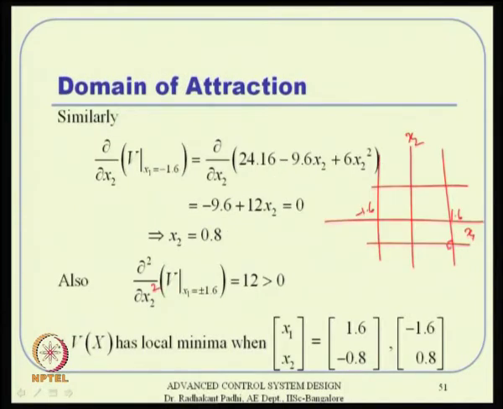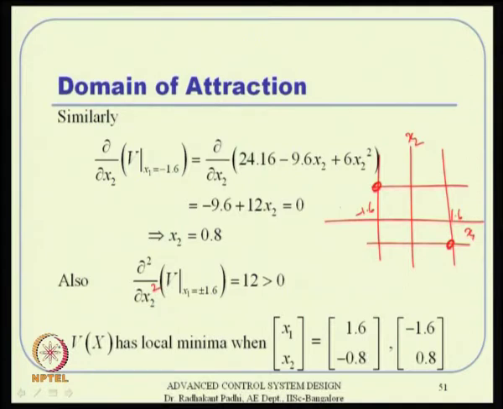So, that means we are talking about a point here, and we are also talking about a point here. So, these 2 points happen to be local minimum actually. Then the solution can get trapped there, it will never go to origin after that actually.